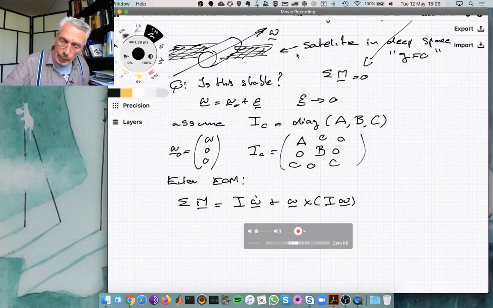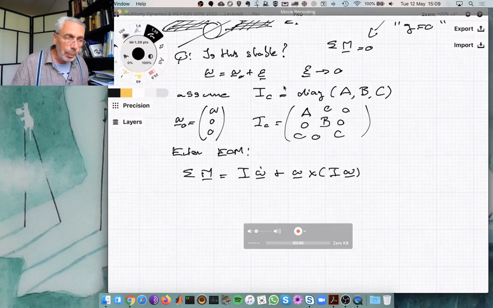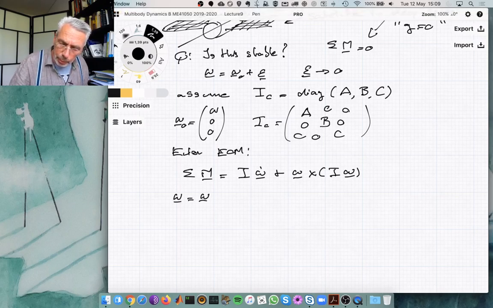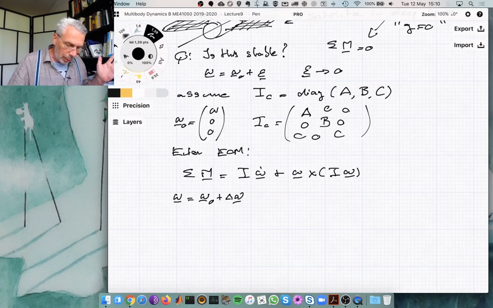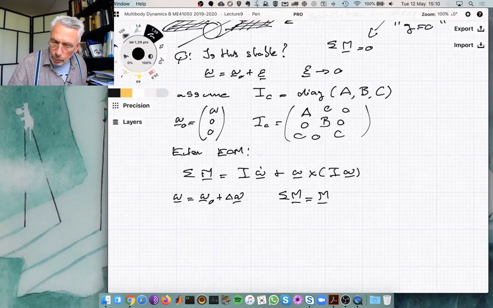So then we have to write that angular speed as the initial angular speed plus some small change, delta omega. And likewise with the torques: the sum of the torques is the initial torque plus a small change in the torque.